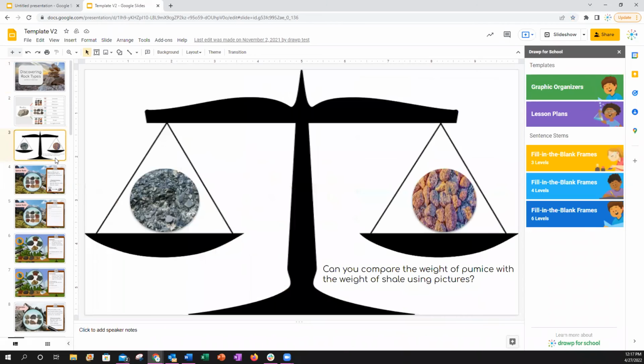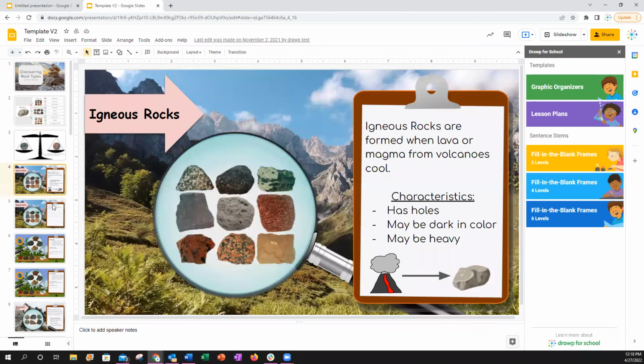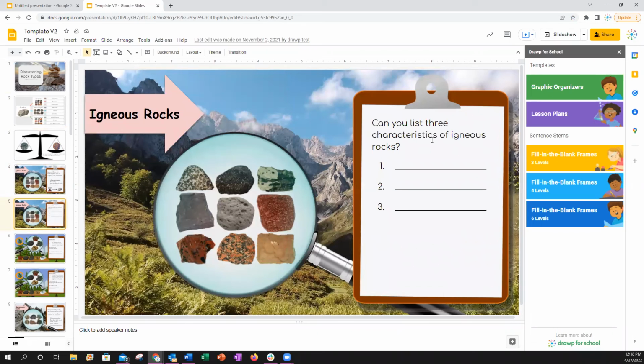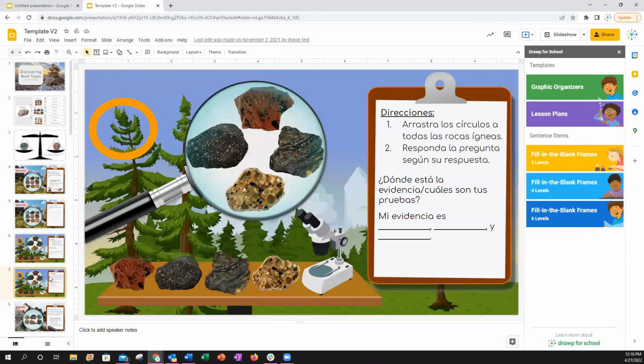And then she showed how you can use some of the sentence frames and you compare the weight. And then if you look here, she said, can you list 3 characteristics of igneous rocks? And then she did it in Spanish.